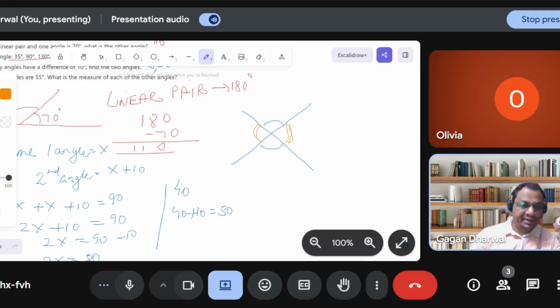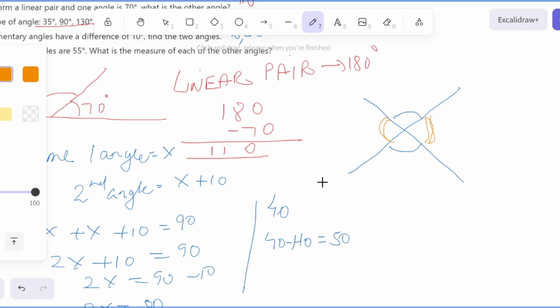Yes. And another property of vertically opposite angles is they are equal to each other. Okay, so if this one is 55, even this will be 55. Yeah. Wow.